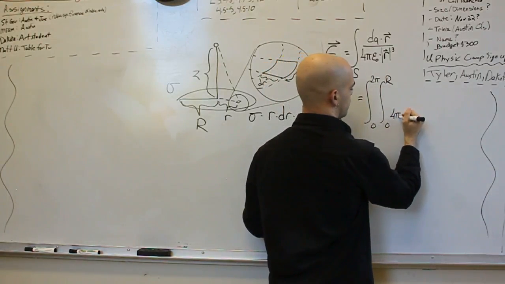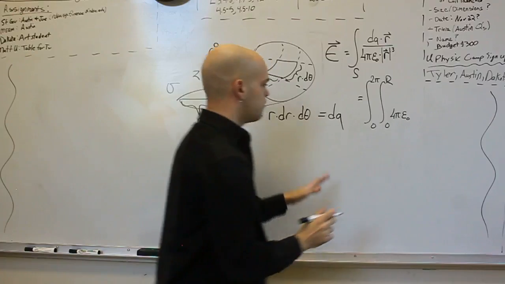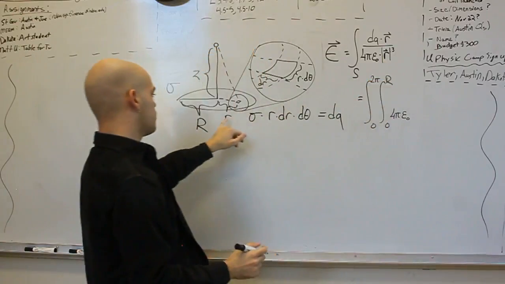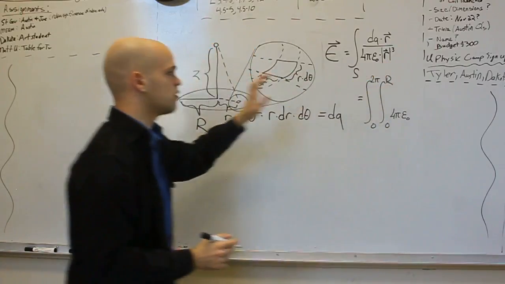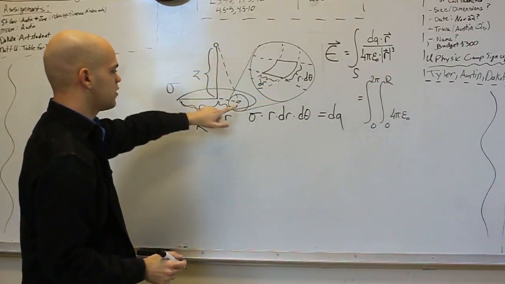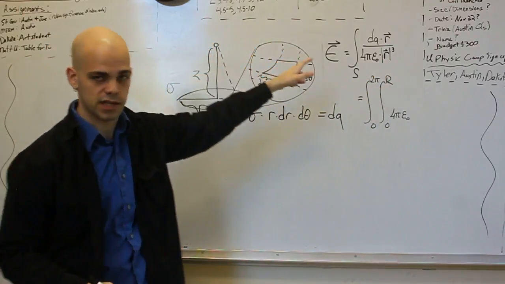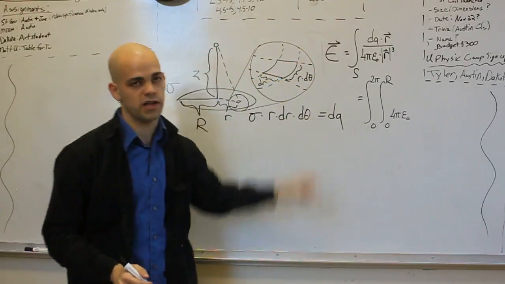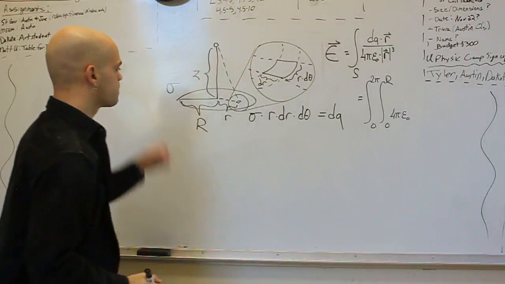Alright, let's try this out. Alright, now before we go any further here, we got to know what this is. It's not just this. This is specifically the distance from the point where dq is found to the point where we are evaluating the electric field.